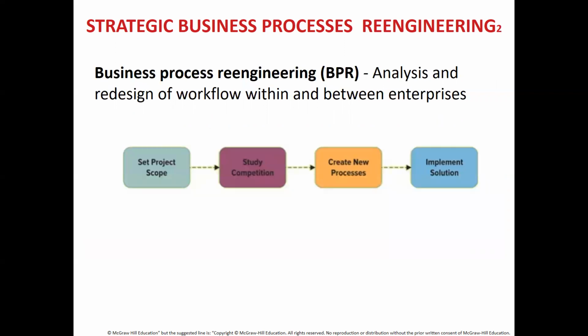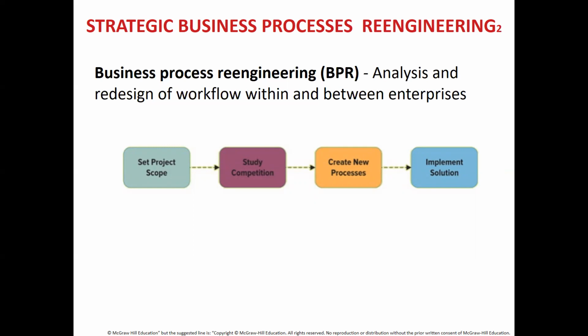Business process reengineering: analysis and redesign of workflow within and between enterprises. First of all, you must know BPR is different from continuous improvement. When you're talking about continuous improvement, you're looking at your as-is processes and trying to gradually improve them. Whereas with BPR, or business process reengineering, you're not improving anything.